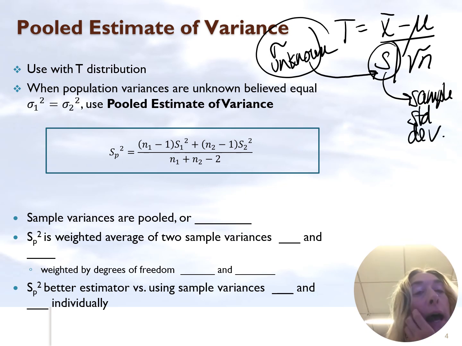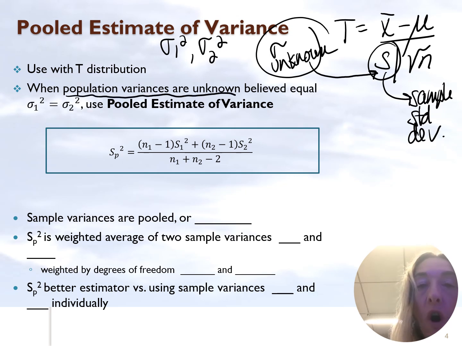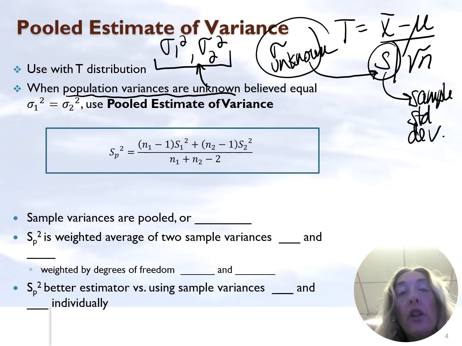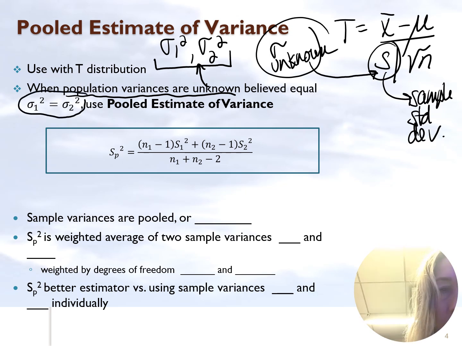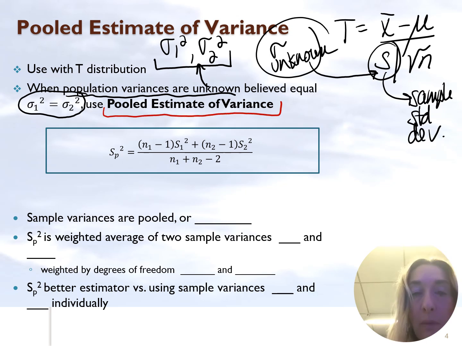Now, when your population variances are unknown, and again we still have two independent populations, but you have some reason to believe they are equal, or that the variance or the spread of those two populations is equal, then you can use what's known as the pooled estimate of the variance.